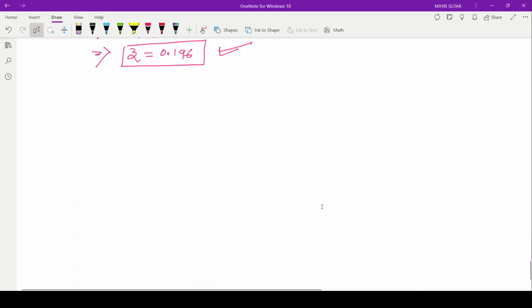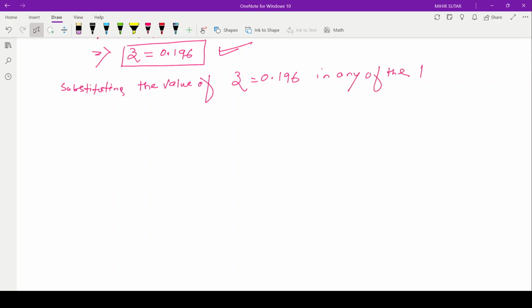Now substituting the value of zeta equal to 0.196 in any of the two equations, you can find out omega n as 10 into 2 pi, that is 20 pi radian per second.